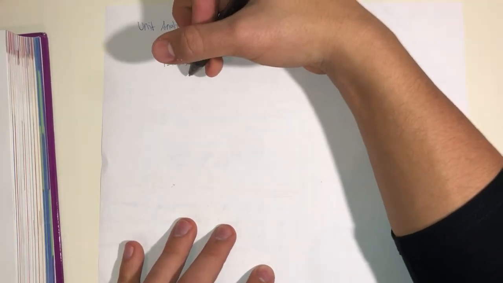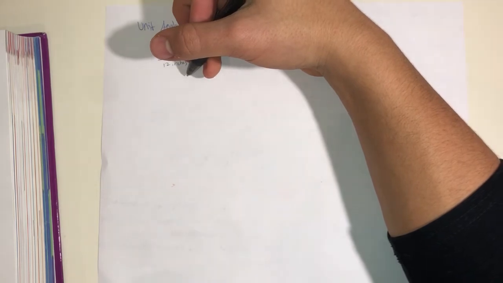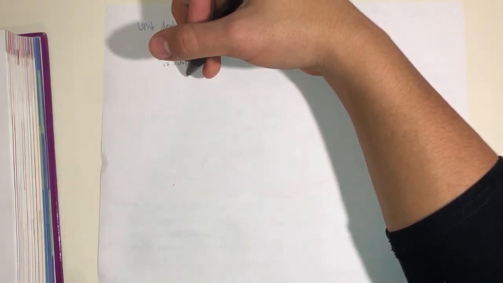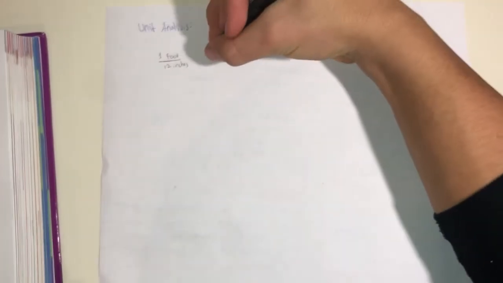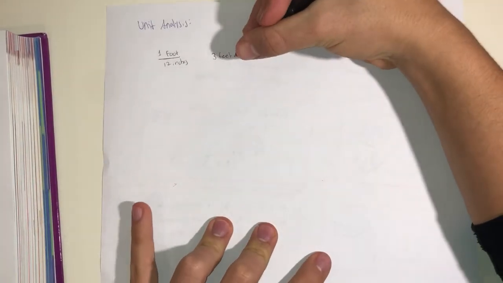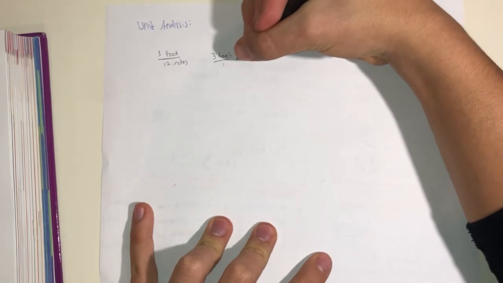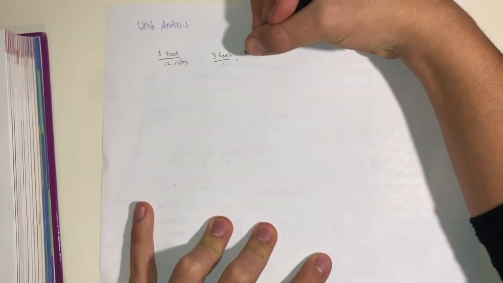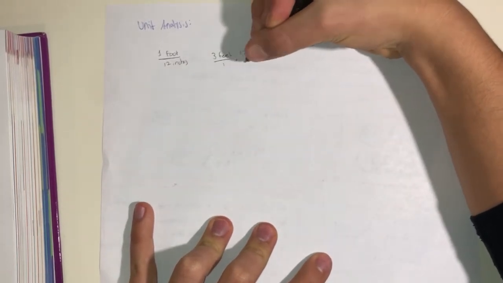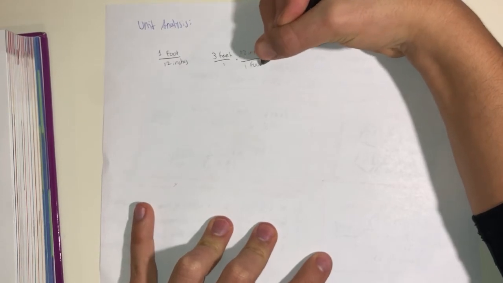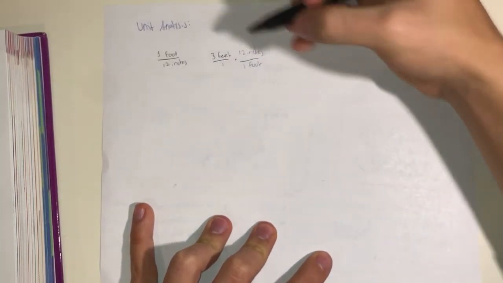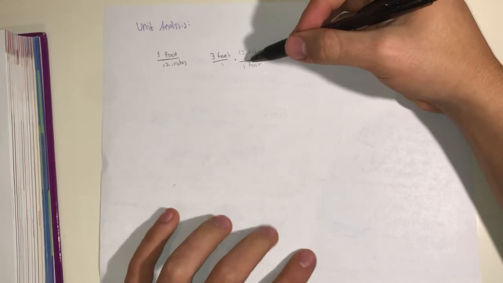So let's say if we wanted to convert 3 feet to inches, what we could do is, since this is 3 feet over 1, we could multiply by 12 inches over 1 foot, which is a form of 1. You would like to think of this as a different version of 1.